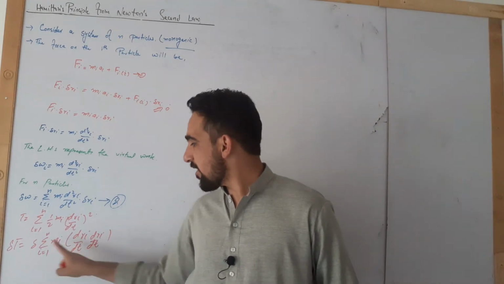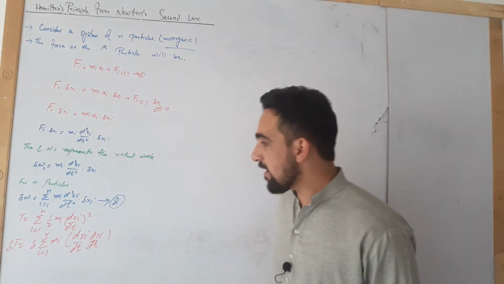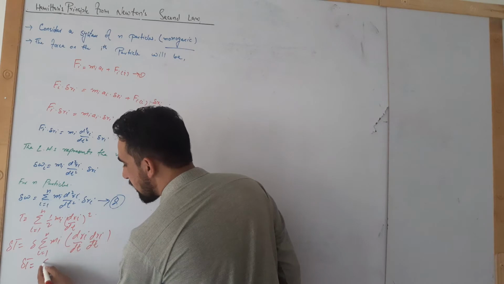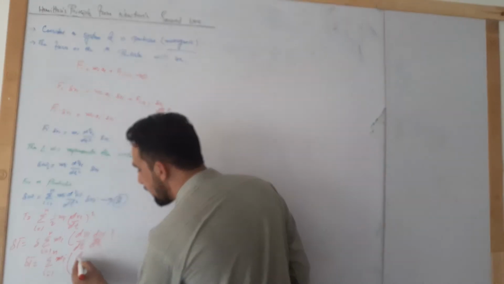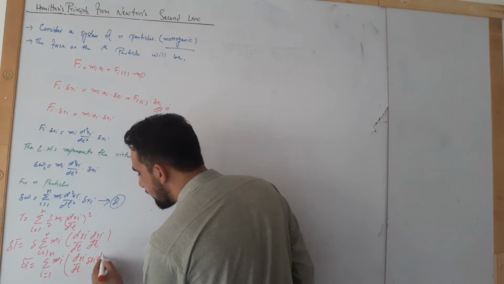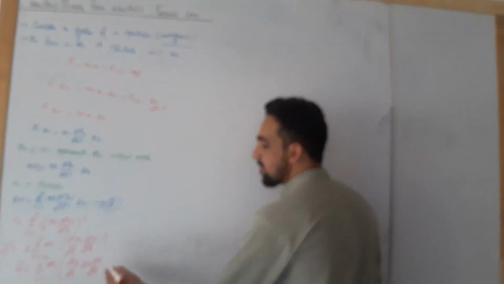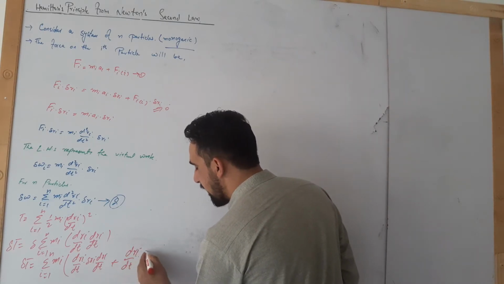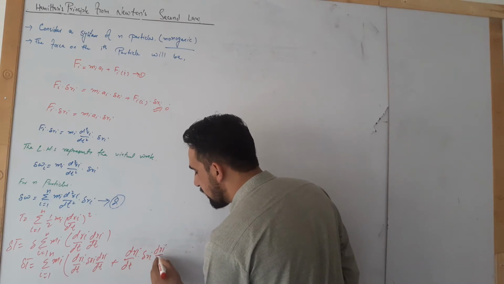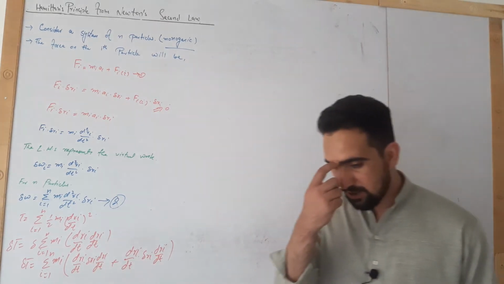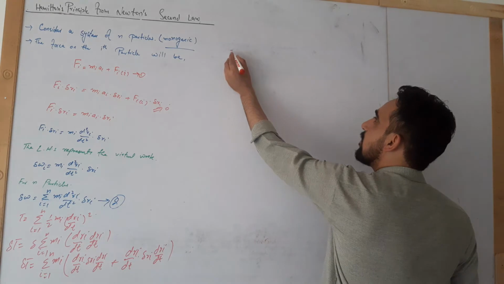Now we can apply the product rule of differentiation on this term. Mi is constant, so we get del T is equal to summation i is equal to 1 up to n half Mi times dRi over dt times del of dRi over dt, plus the same term again. Now these two terms are the same, so they will sum up together.